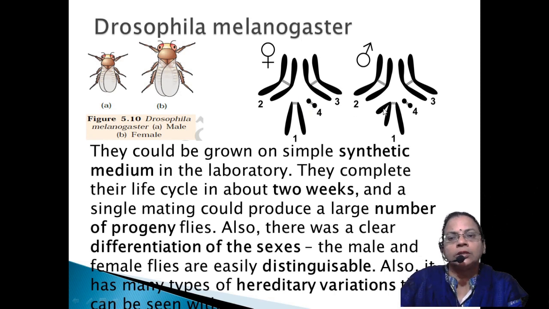Then the first pair is called the sex chromosomes. The sex chromosomes in female are 2 X chromosomes, and male carry 1 X chromosome and a Y chromosome. The Y chromosome in Drosophila does not carry any genes. It is empty, and it has a J shape, that means a submetacentric type of chromosome.